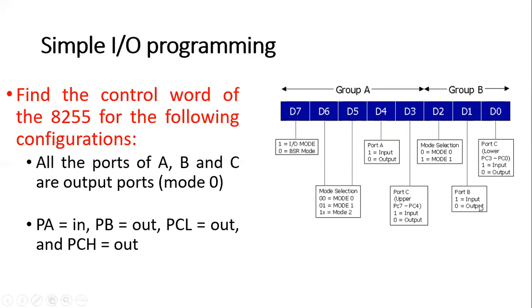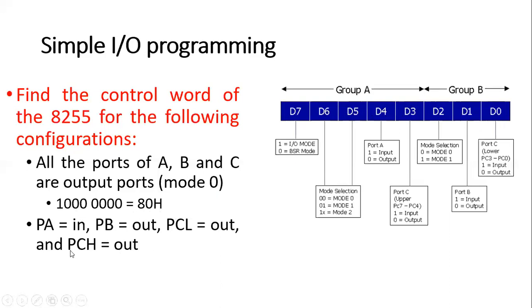Then port B, also output, so this also will be 0. Then port C, this also will be 0. Now tell me what will be the control word that we are going to write here? 1, 0, 0, 0, 0, 0, 0, 0. Very good. The control word is 80H.